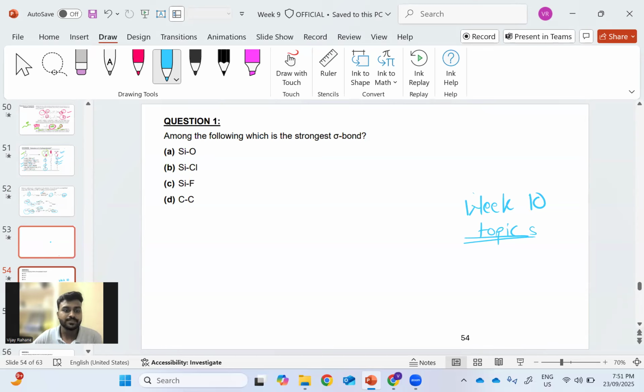So the first question is: among the following, which is the strongest bond? We have been given the oxygen-silicon bond, then the silicon-chlorine bond, the silicon-fluorine bond, and the carbon-carbon bond. So which bond is stronger in this one?